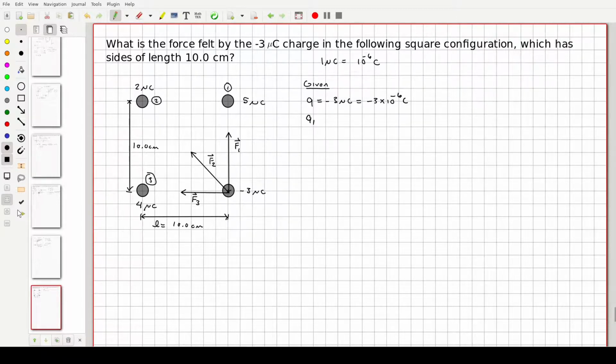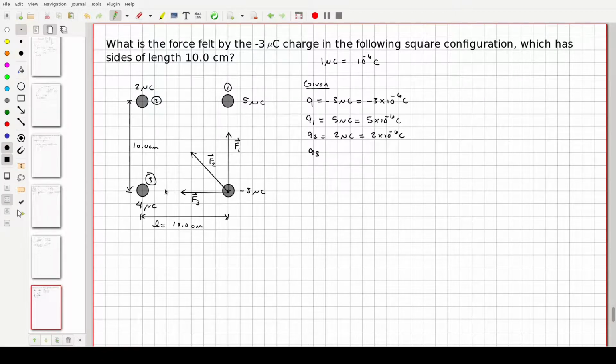The first charge, Q1, is 5 microcoulombs, or 5 times 10 to the minus 6 coulombs. Our second charge here, Q2, is 2 microcoulombs, or 2 times 10 to the minus 6 coulombs.